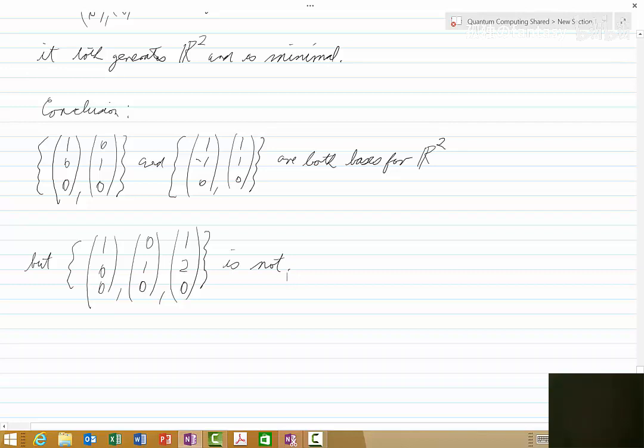In fact, the dimension of R2 is 2, and the dimension of a subspace is simply equal to the number of vectors in its basis. And so once you know the dimension of a subspace, you know immediately how many vectors are in its basis, and any set of vectors that has more than that cannot possibly be a basis. One more thing here before we stop is the following.